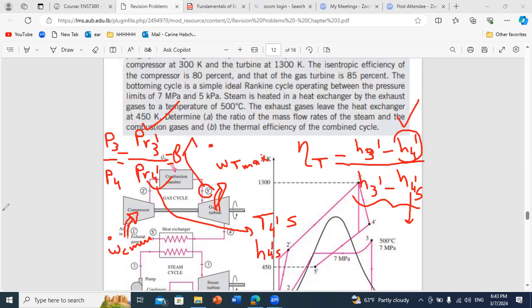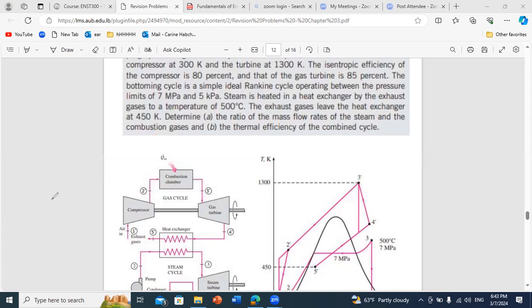Now, once we are done with this, we have H at point 4 prime. At the exhaust state, they told us that the temperature of exhaust gases is 450. So all we have to do is go to the table and read for 450 what is H5 prime.